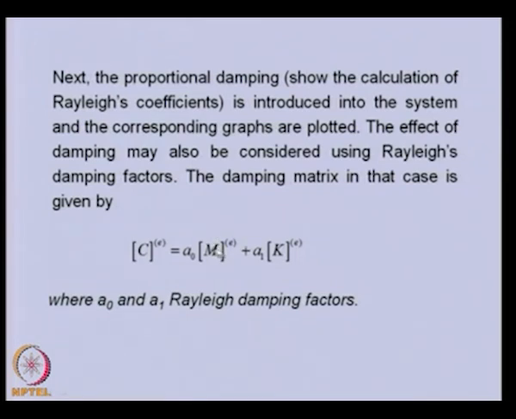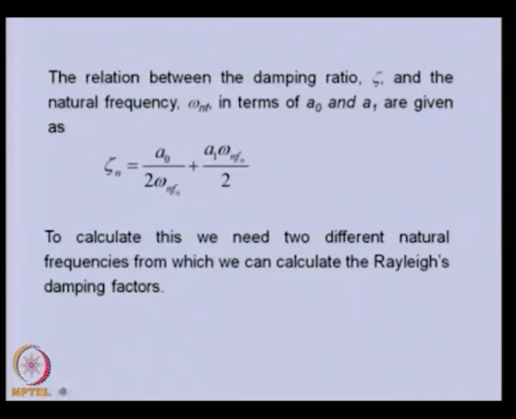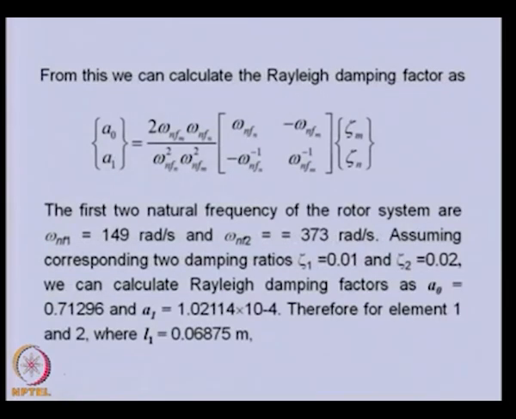So, this is the mass and stiffness element, A0 and A1 are the Rayleigh damping factors, which we can obtain using this expression, in which this is the damping ratio and these are the natural frequencies for a particular mode. If we take two different modes, we can get these particular factors like this. This we already described, so I am not describing it in more detail. When we were discussing the finite element formulation for transverse vibration, we described this particular kind of damping.